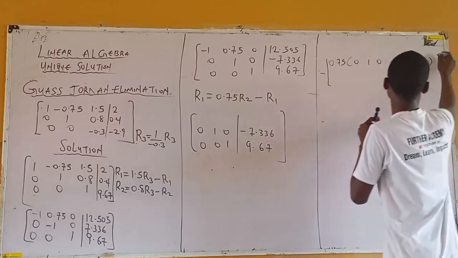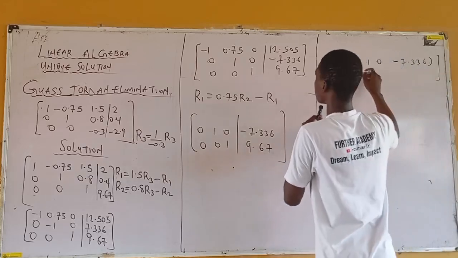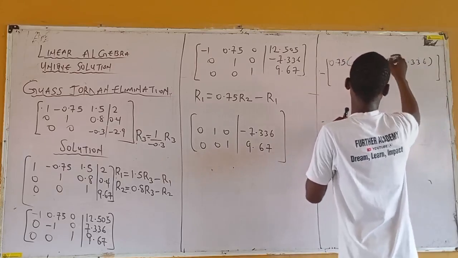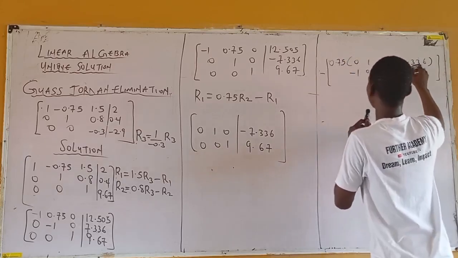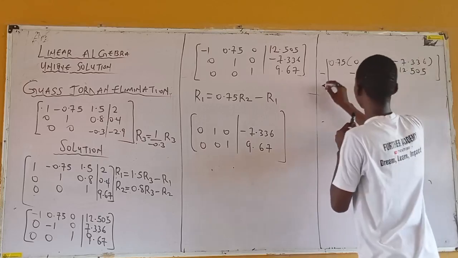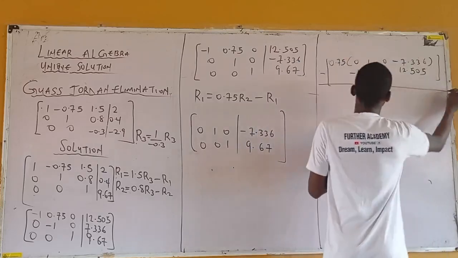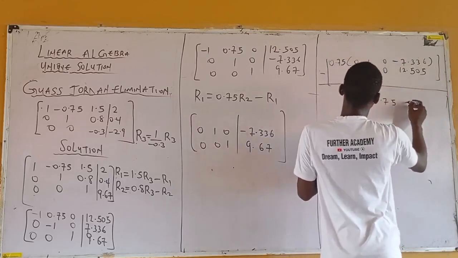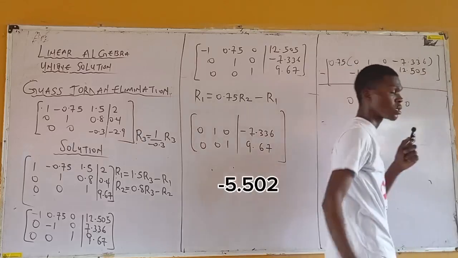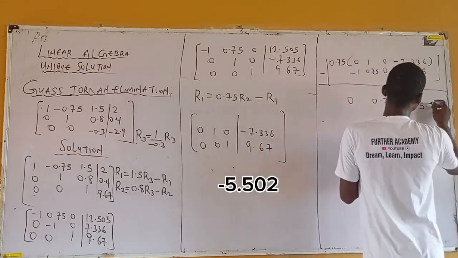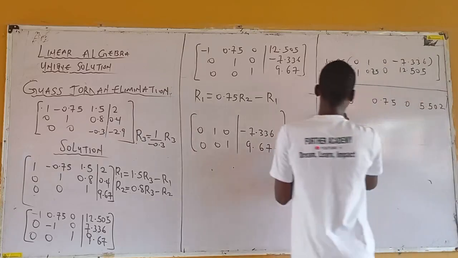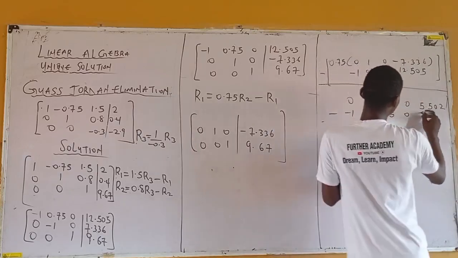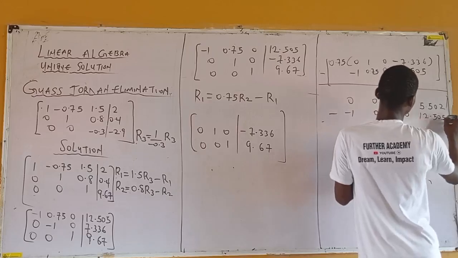So what do I have? Minus negative 1, 0.75, 0, 12.505. This multiplied by this is 0, 0.75, 0, and this time 5.502 minus negative 1, 0.75, 0, 12.505.